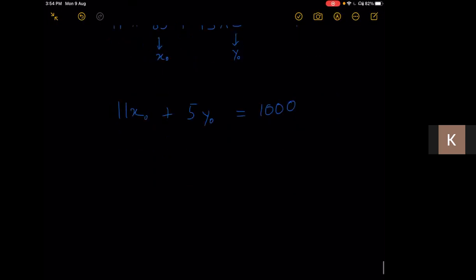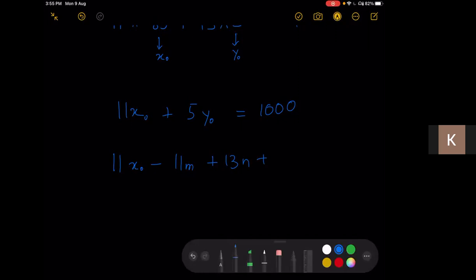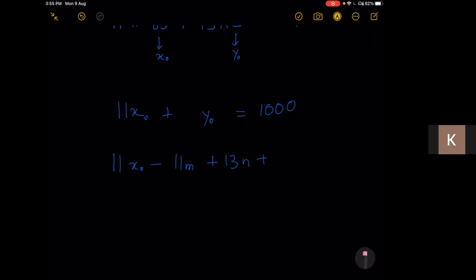Now 11 x naught minus 11m plus 13n. Okay, this is not 5y naught, this is 13y naught. And you people are not correcting me, which means you are not paying attention.